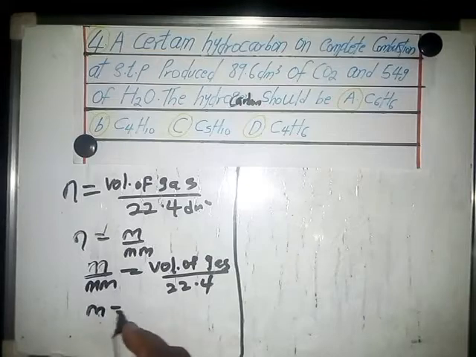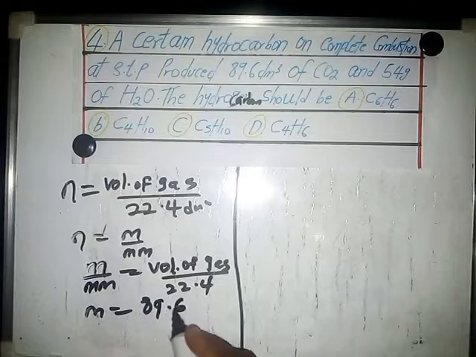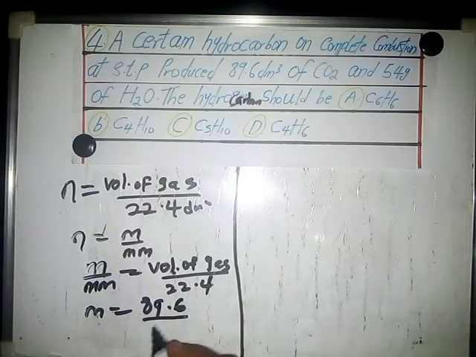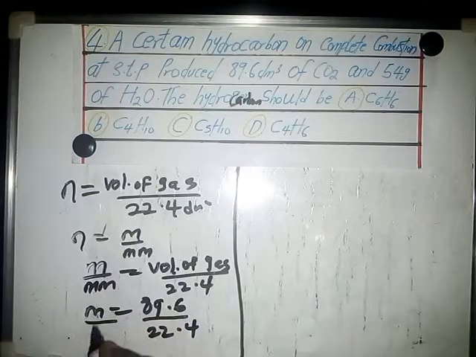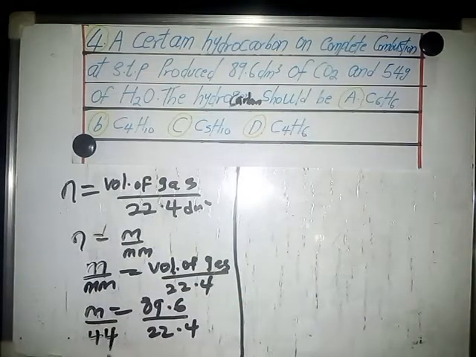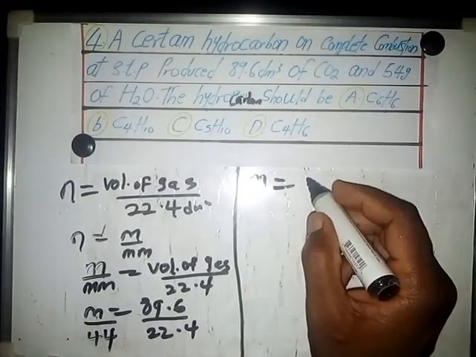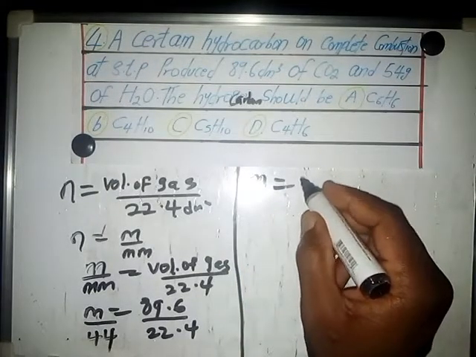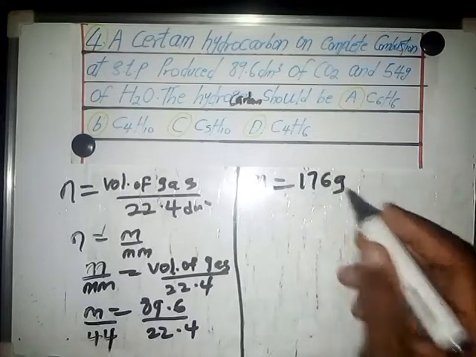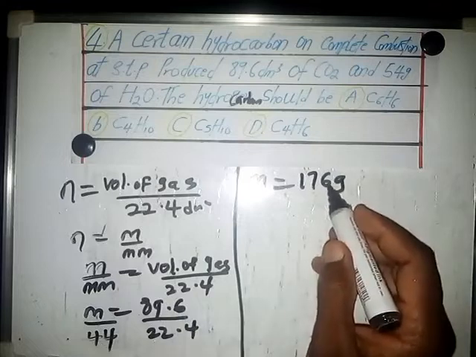So m equals to volume of gas is 89.6 over 22.4 over this. The molar mass for CO2 is 44. So when you cross multiply, m will now be equal to 176 gram. This is what you get at the end of the day.